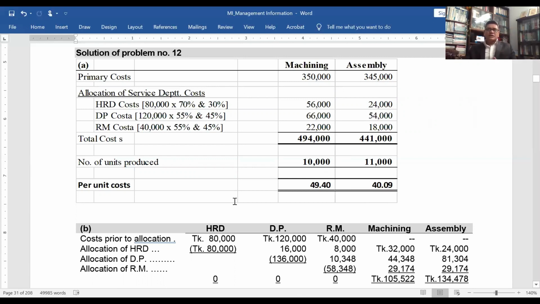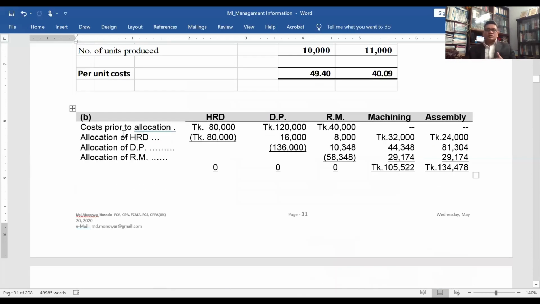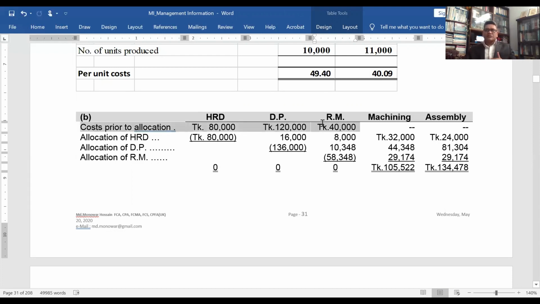Now comes our step down method. That means cost prior to allocation. Before allocation, the total cost is HRD 80,000, data processing 1,20,000, risk management 40,000. It comes from the question.